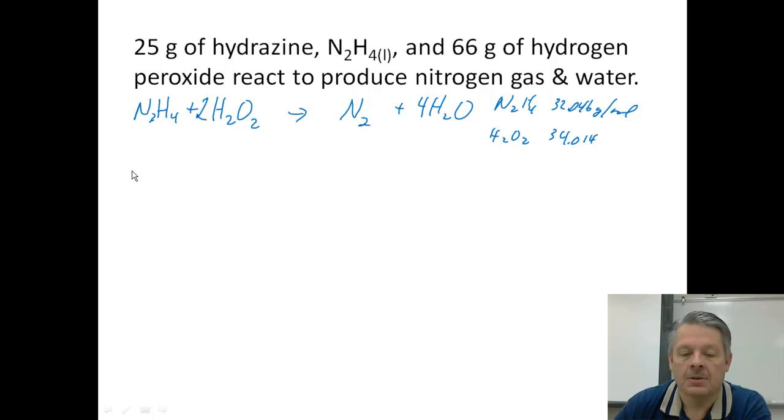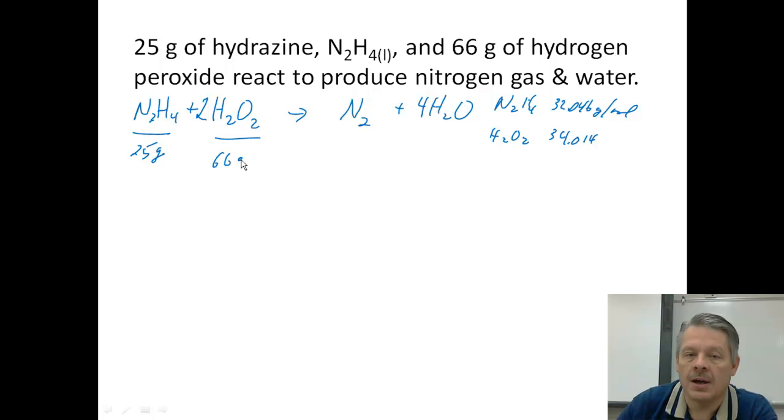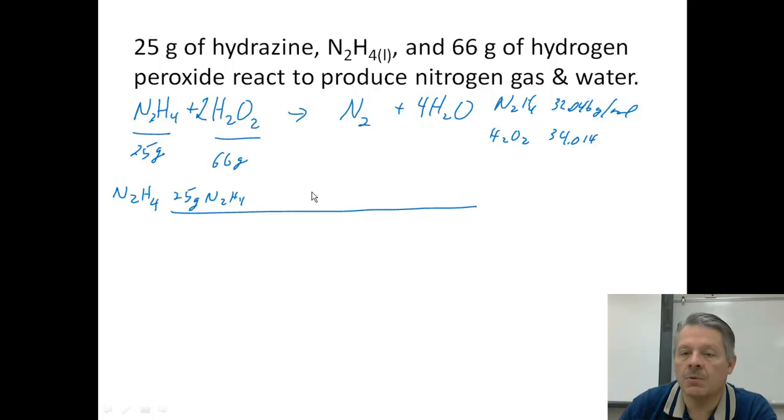Okay, so let's go ahead and write down what we know. We have 25 grams of our hydrazine, and we have 66 grams of hydrogen peroxide. So let's work our problem through for N2H4, which is hydrazine. We start out with 25 grams of hydrazine, N2H4, and we have to get rid of grams of hydrazine and go to moles of hydrazine.